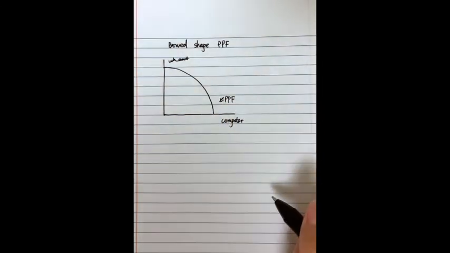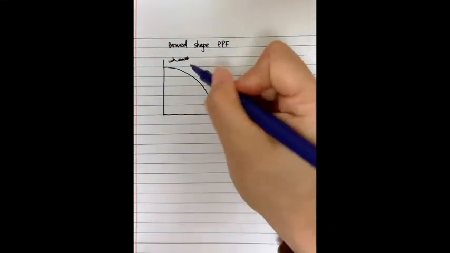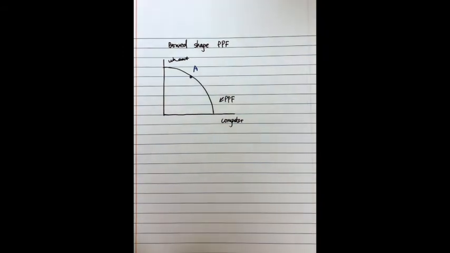So on this PPF, I would like to show you 2 points, then you might have some understanding about why this PPF is bowl-shaped. This is the point A, and another point will be point B here.